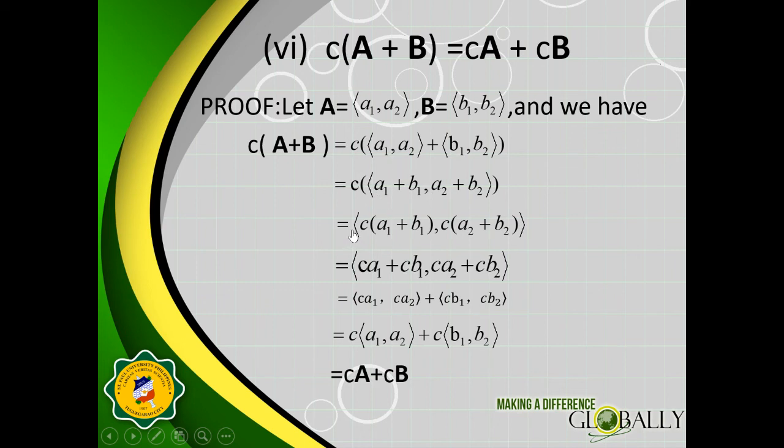So we have (cA1 plus cB1, cA2 plus cB2). Next, we can put the scalar c outside the brackets, so it equals c(A1, A2) plus c(B1, B2), which equals cA plus cB.